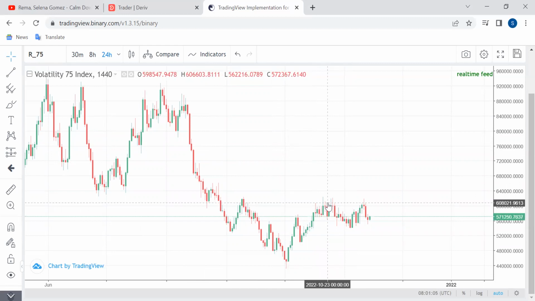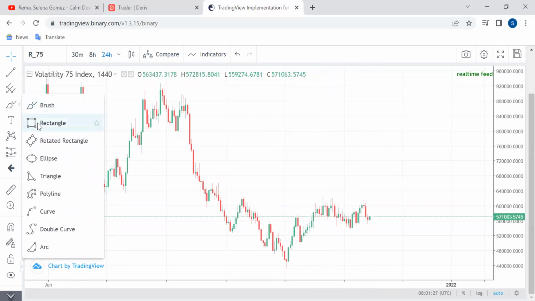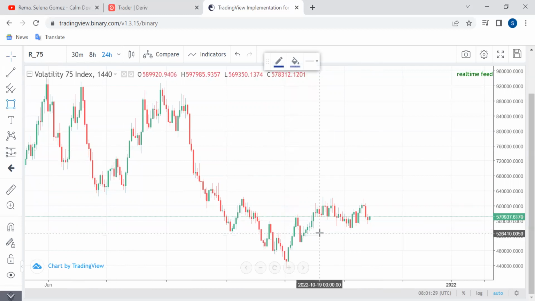And what usually happens in the market when a chart is consolidating is that there is a fight between the buyers and the sellers, to see who will overcome the markets. So when a chart is consolidating, like here, let me draw here.